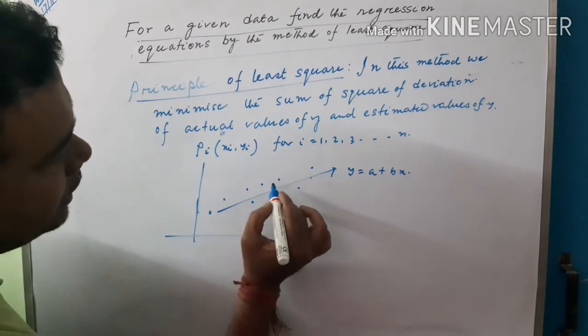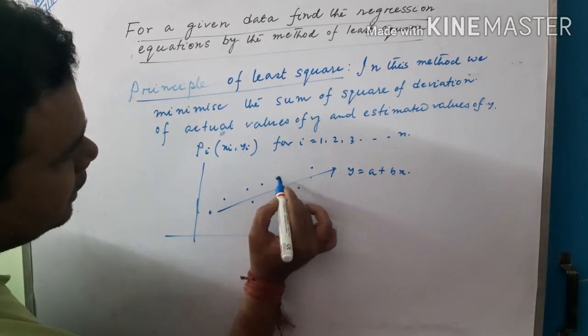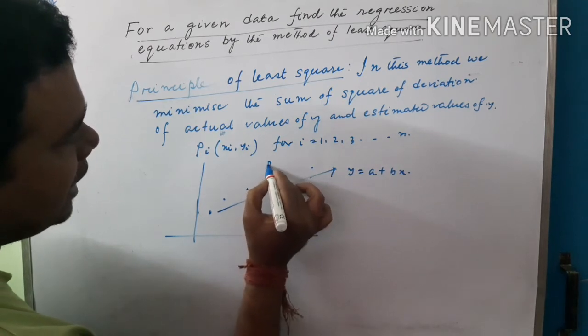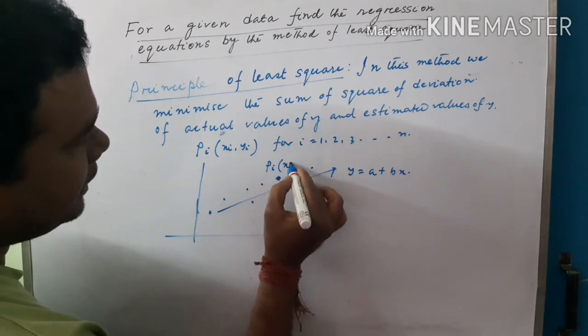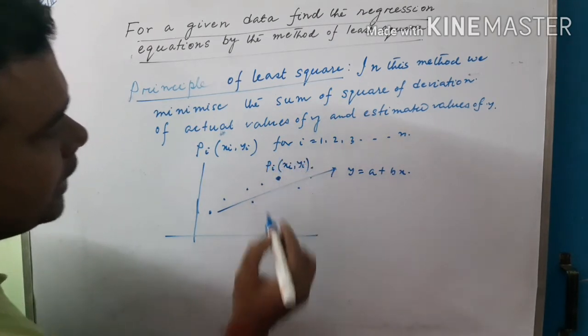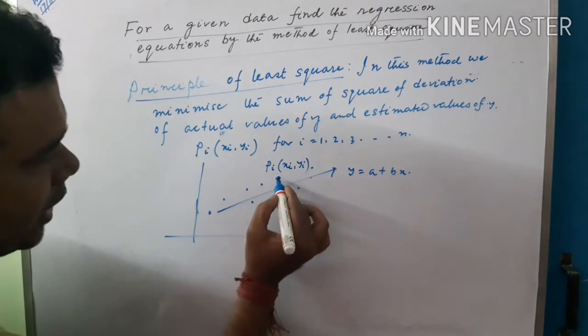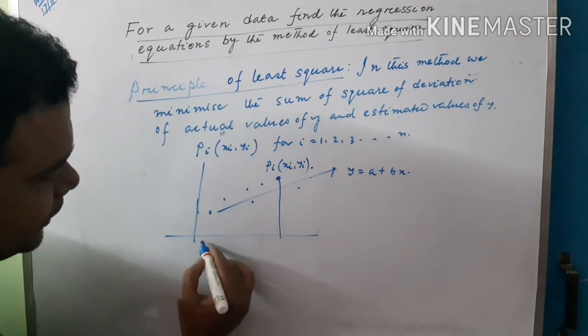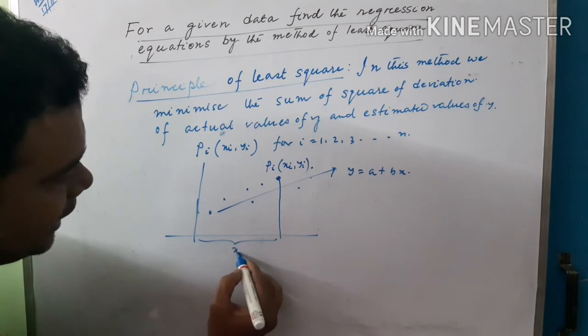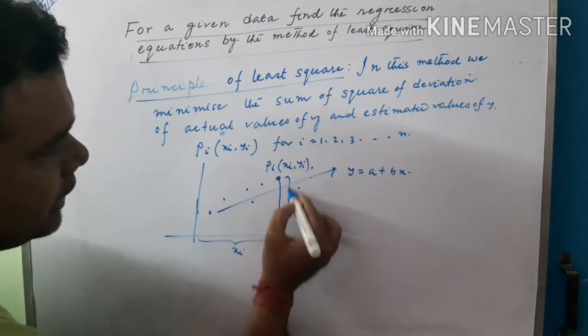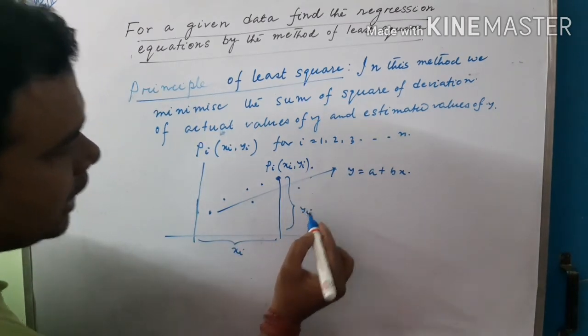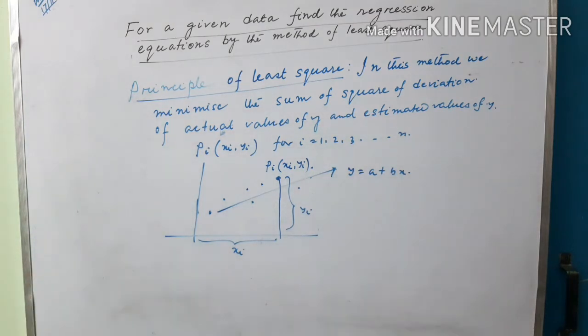Let us suppose this one is the point Pi equals (xi, yi). Now if this is the point, then you can see that this measure on the x-axis is xi and this one is yi. So here (xi, yi) is the observed value. Clear?